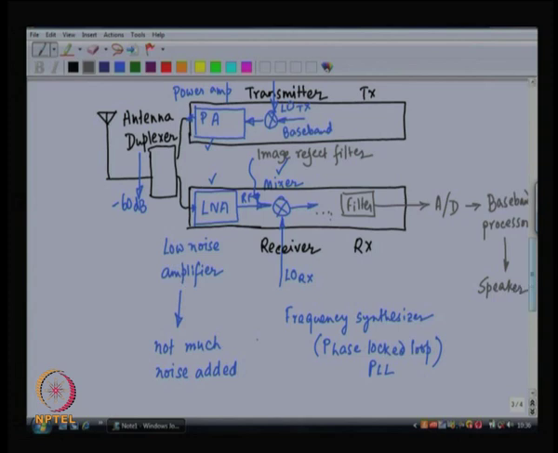On the transmit path, there could be a few more components here, then there is going to be a filter, then there is going to be a D to A converter, then this is going to come from the same baseband processor.